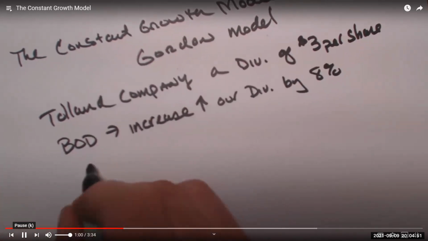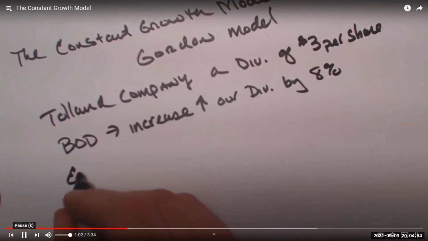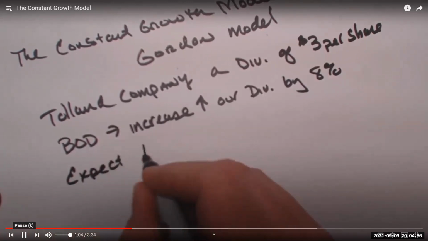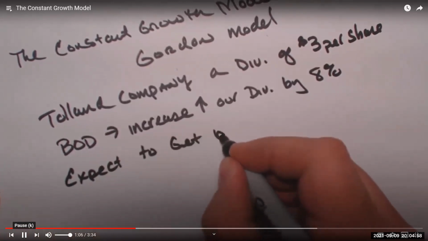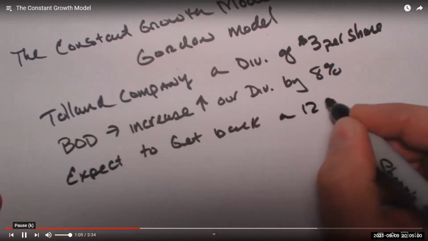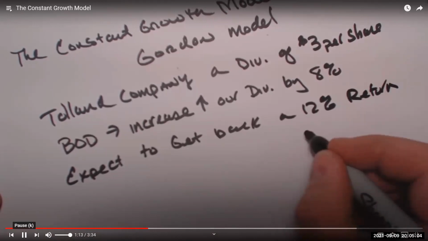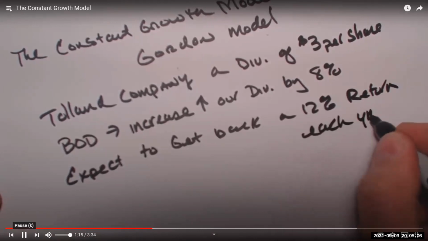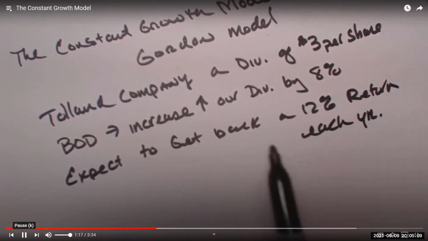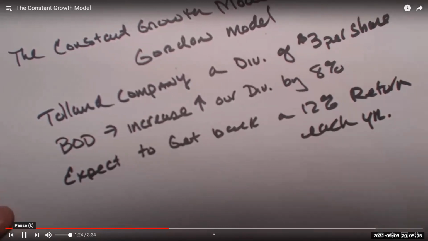Well, you as an investor have some sort of expectation, and you expect to get back a 12% return each year. The question would be, in order to do this, what would be the most you are willing to pay for the stock if you expect a 12% return?